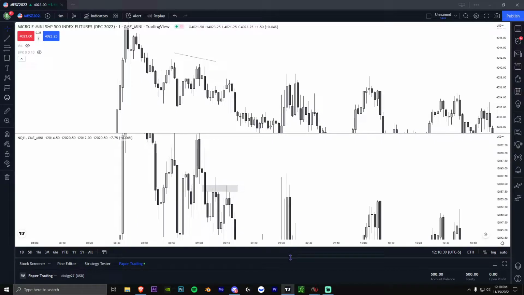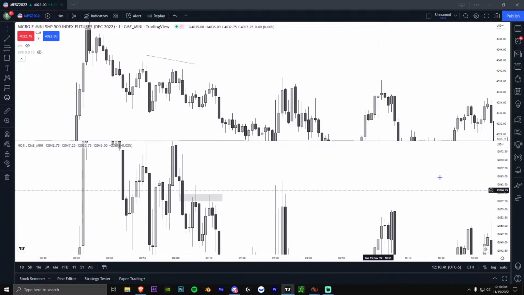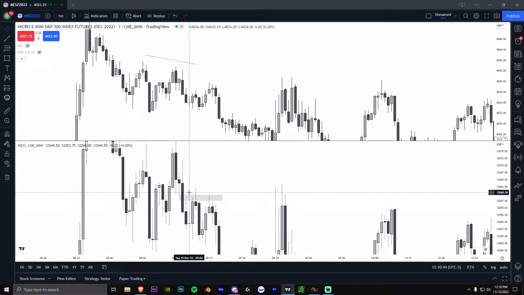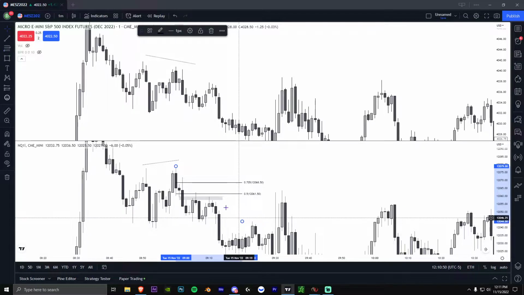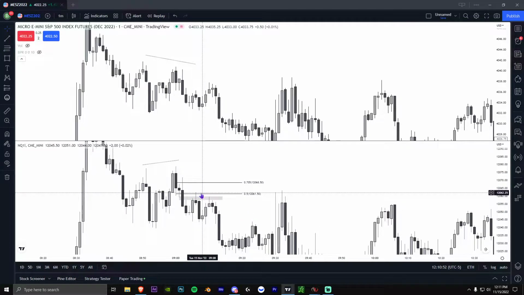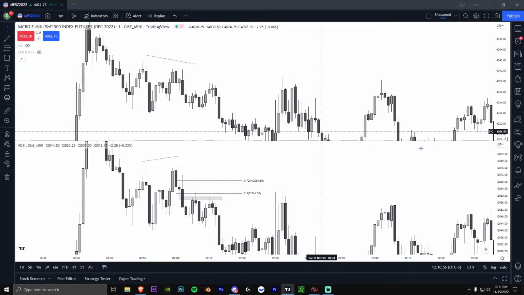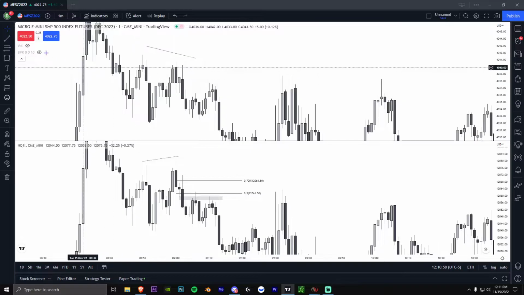Let me move this down real quick. So this would be a short. And let's see if it was in. It just hit premium, okay? Just went over the 0.5. And you can see on ES, we tapped the order block and there was no fair value gap.